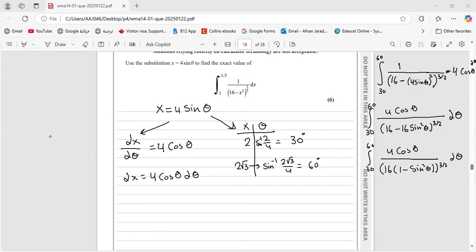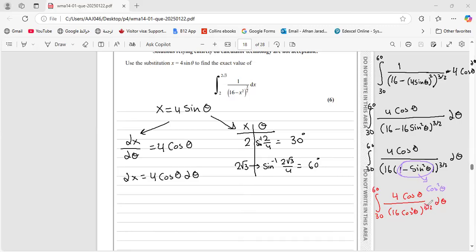Look at this one: 1 minus sine squared equals cosine squared theta. So the integration from 30 to 60 of 4 cosine theta over 16 cosine squared theta to the power of 3 over 2 d theta.